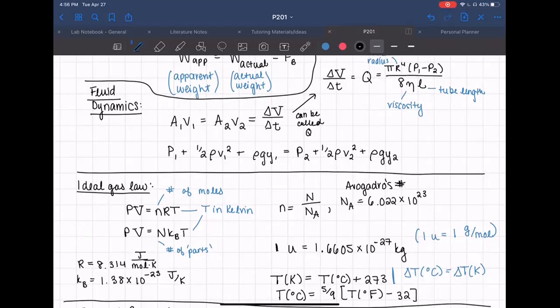F net equals ma, adding vectors, and a simple 1D projectile motion. So I'd say that's pretty standard for what you can expect for the final.